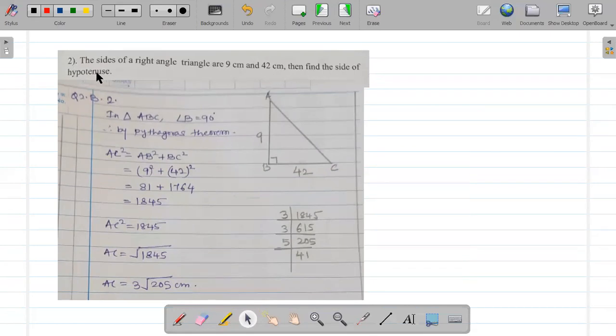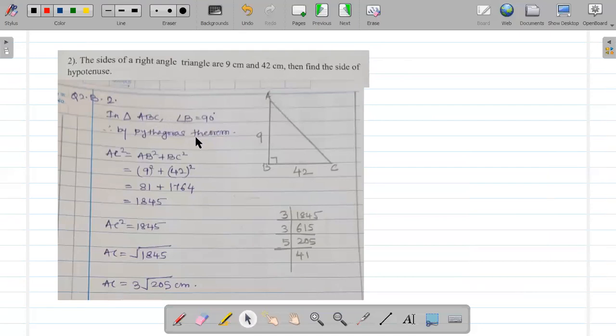And we are asked to find the hypotenuse. So clearly you could just draw a rough diagram like this, where any angle can be 90 degrees. The two sides are 9 and 42. So you can mark it out like that. And we are asked to find the hypotenuse. So clearly mention it like this: in triangle ABC, which angle is 90 degrees?